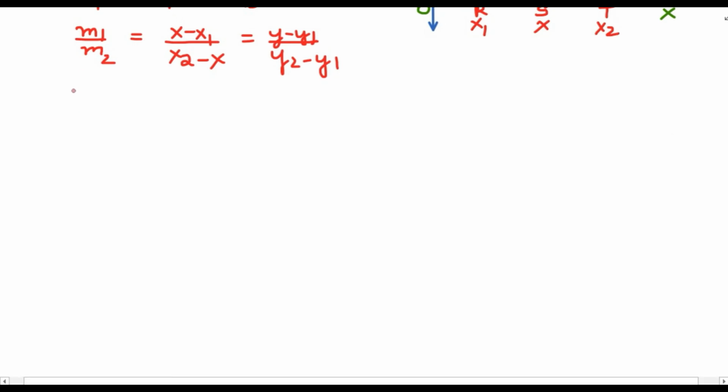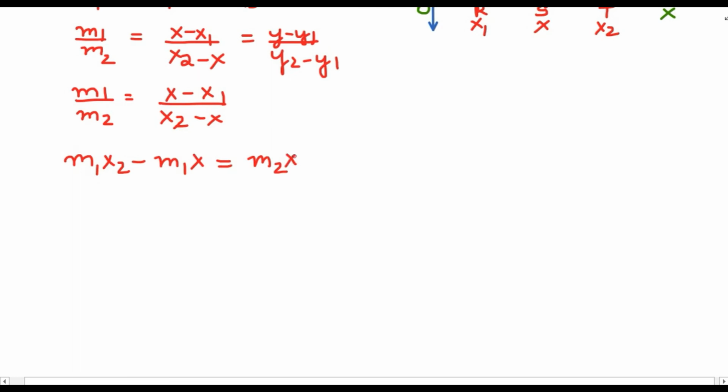So if you take the first two, m1 divided by m2 equals x minus x1 divided by x2 minus x. Now just cross multiply this. We will have m1 x2 minus m1 x equals m2 x minus m2 x1.